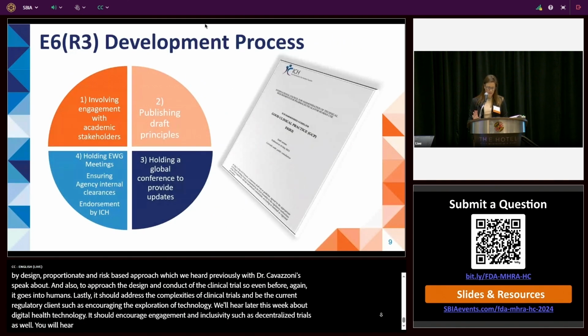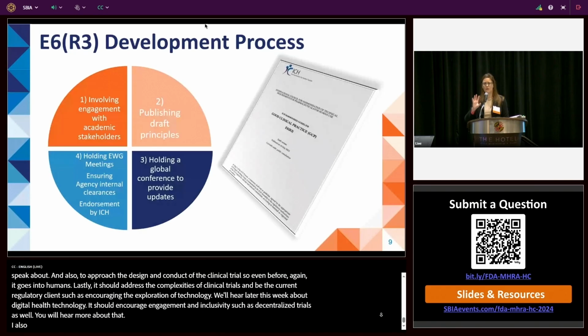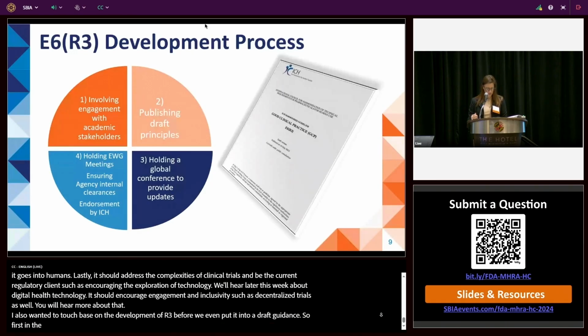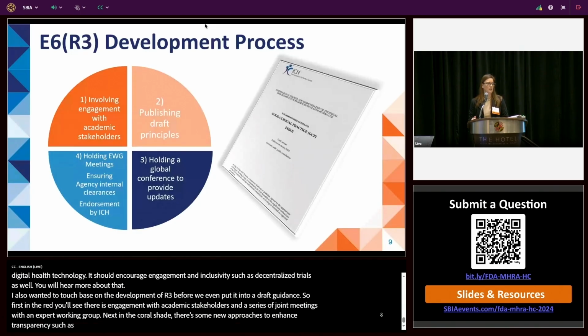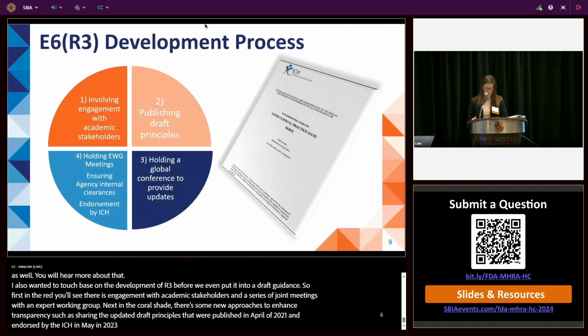I also wanted to touch base on just the development of R3 before we even put it into a draft guidance. So first, in the red, you'll see there was engagement with academic stakeholders and a series of joint meetings with an expert working group. Next, in this coral shade, there were some new approaches to enhance transparency, such as sharing the updated draft principles that were published in April of 2021 and endorsed by the ICH in May of 2023. And then there were public web conferences held over two days in May of 2021 to provide updates on the development.